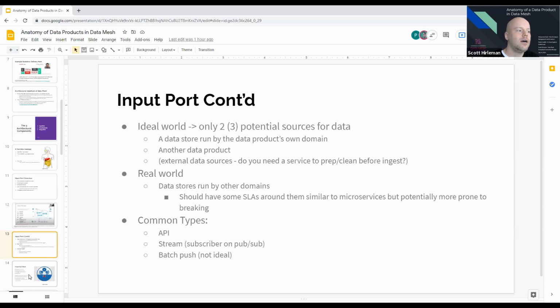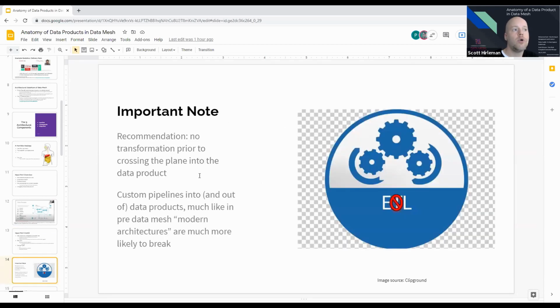And then an important note about your data, and this is something that Zhamak has talked about, and I'm still trying to grok what might be a thing to violate this, but I agree with her that there should not be any transformation of the data before it crosses into the data product plane.